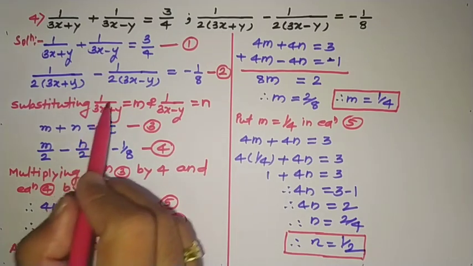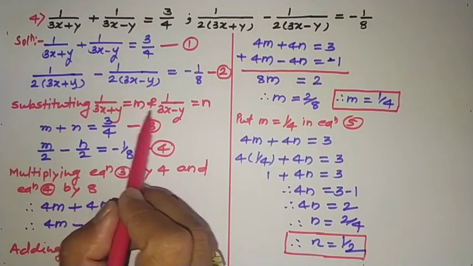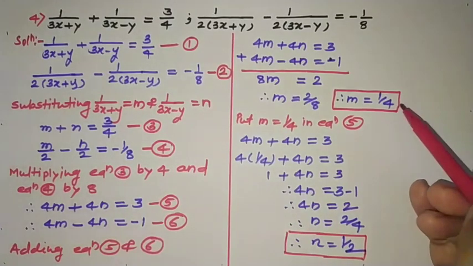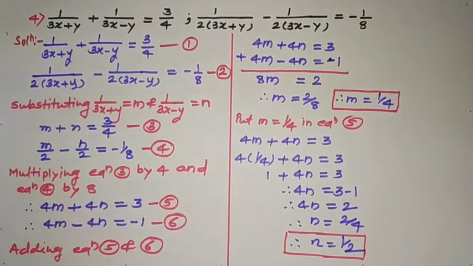But 1 upon 3x plus y is equal to m and 1 upon 3x minus y is equal to n. Put the values of m and n in this equation and find the values of x, y. या ठिकाणी आपण m च्या आणि n च्या किमती काढलेल्या आहेत. त्यावरून आता x आणि y च्या किमती काढूया.